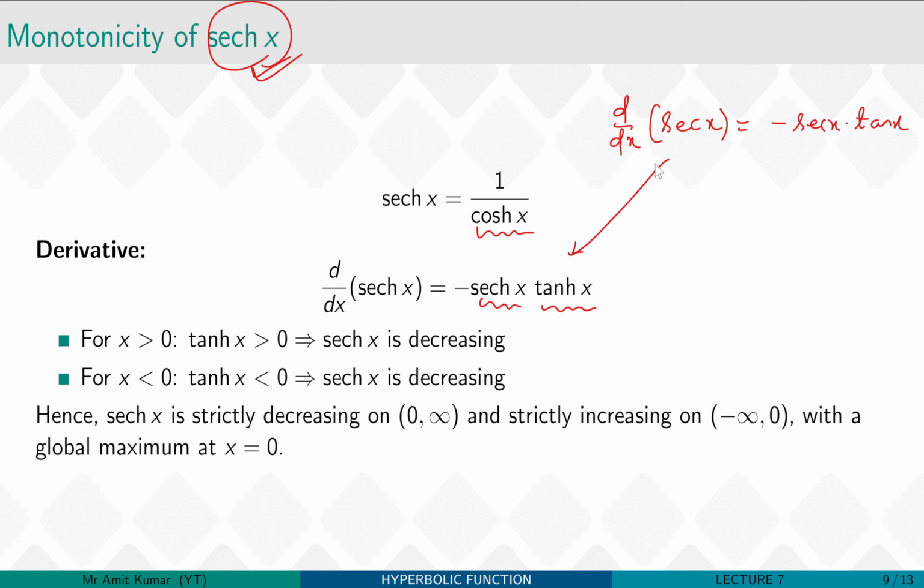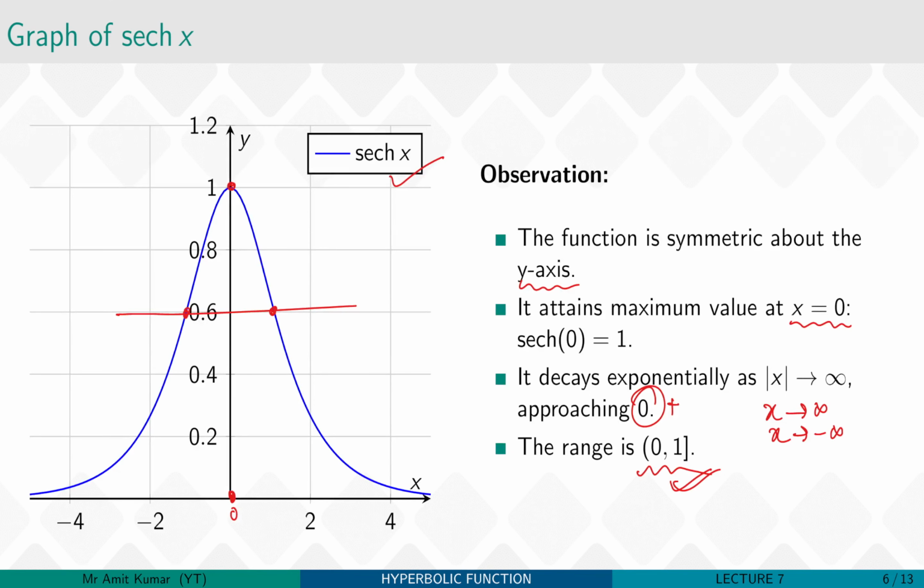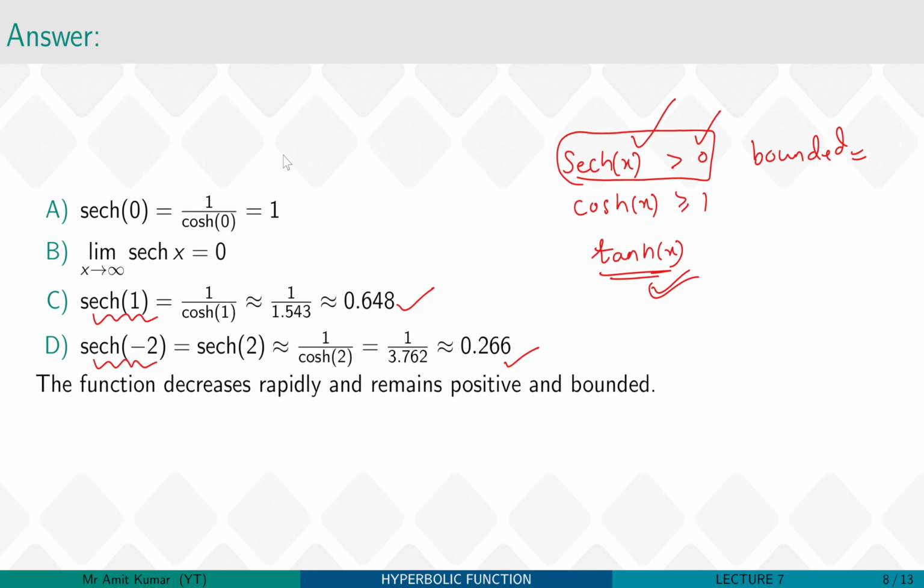Similarly, here the derivative of sech x is minus sech x into tanh x. And from the graph, we see that for some values of x, the graph is on the left hand side of the y-axis, and for some values of x, the graph is on the right hand side of the y-axis. Okay, but for all values of x, the graph is above the x-axis. So for all values of x, the graph is positive.